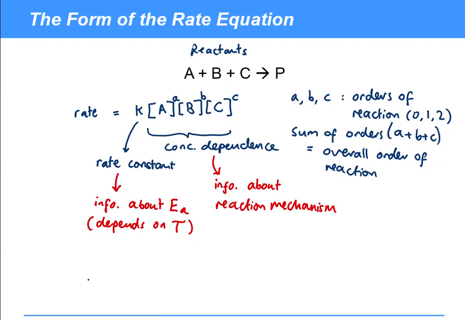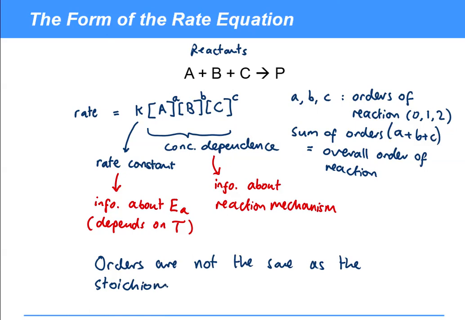One final thing just to note about it is that the orders are not the same as the stoichiometric coefficients. So for example, in this reaction here, I wouldn't automatically say that lowercase a is equal to 1 just because there's a 1 here.